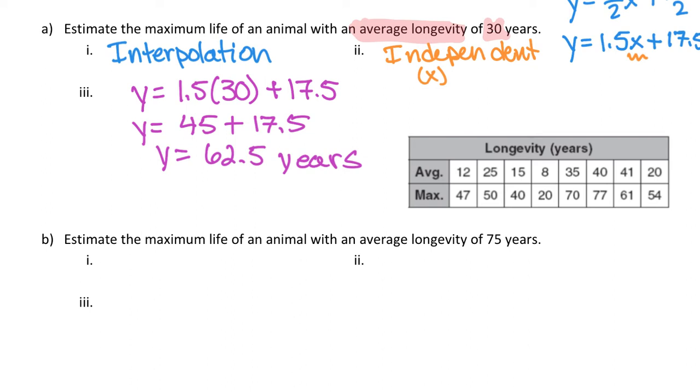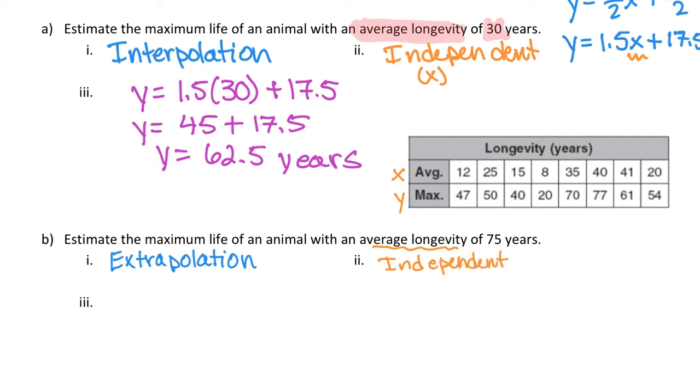And that's why this is an extrapolation. Once again, the average number here is my X values. The maximum was our Y values. So if we're given the average longevity, then we were given the X, or the independent variable.